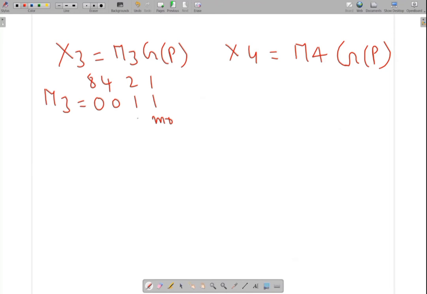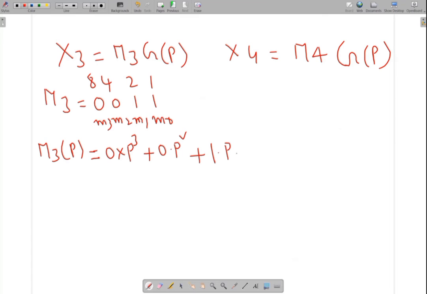That means M0, M1, M2, M3. Need not represent all the terms, all expressions by using these 3, 2, 1, 0, directly written polynomial form: 0 into p cube, M2 means 0 into p square. Here 1 is there, 1 into p, M0 is 1. Therefore, M3 of p is p plus 1.